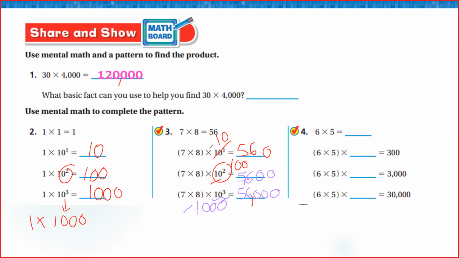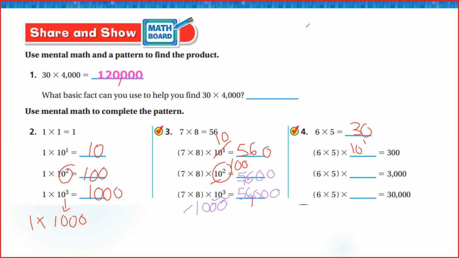Now, who wants to help me now? Yes, Hala. Yalla, Hala. Okay, 6 times 5. 30. Now focus with me. Look at how Hala answered. 6 times 5 is 30. Now, what is the number that you multiply by 6 times 5 to get 300? 10 to the power of 1.